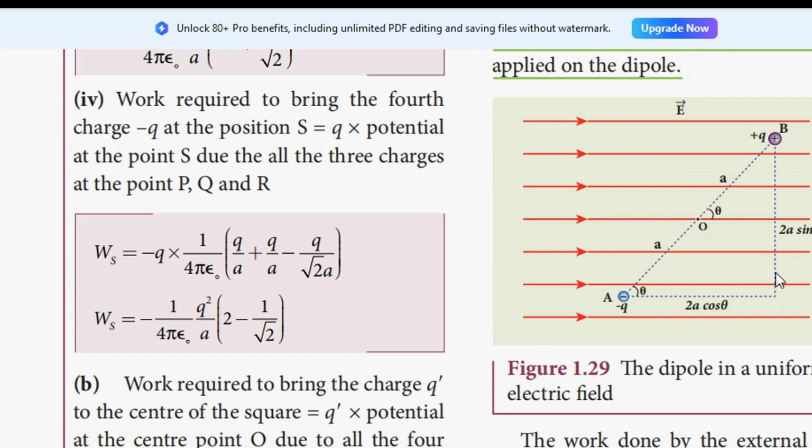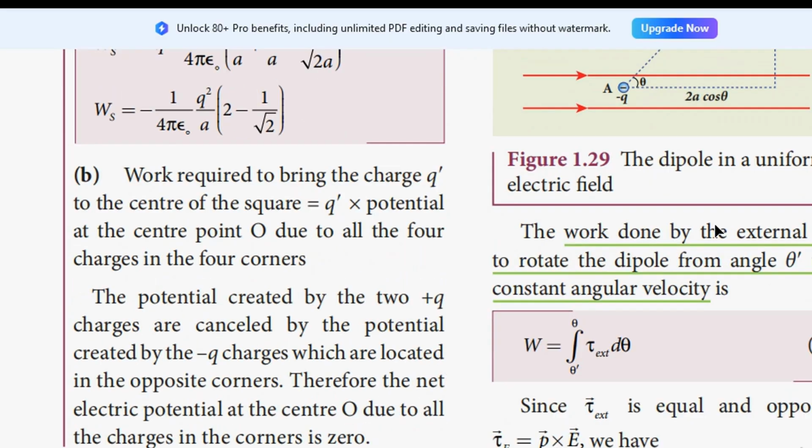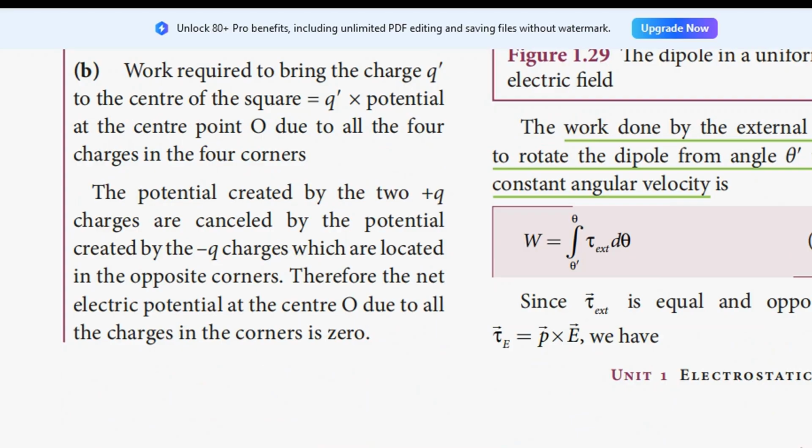Here you see that a dipole is kept in a uniform electric field. The work done by the external torque to rotate the dipole from angle theta dash to theta at constant angular velocity is given by this equation 1.49.